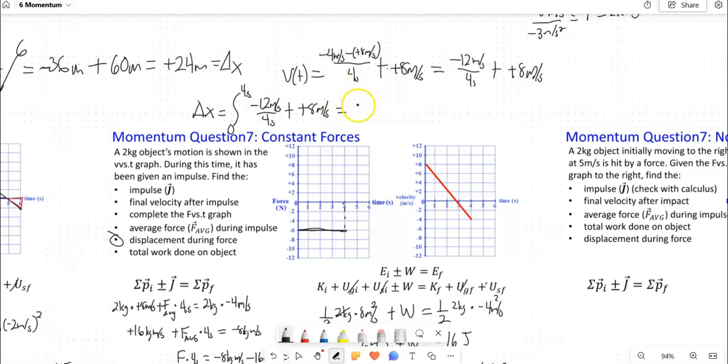Once you integrate that, it's going to be negative 3 meters per second squared divided by 2, t squared, plus 8t, from 0 to 4 seconds.